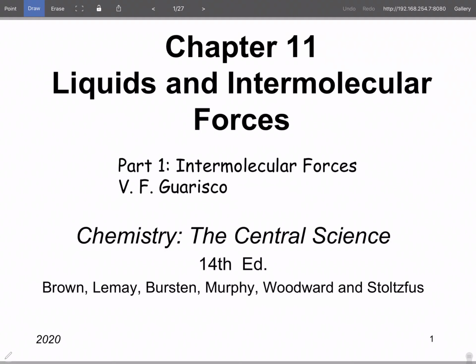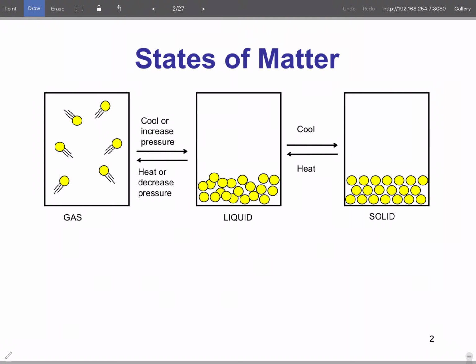This is liquids and intermolecular forces, and the first part of this chapter is going to be the intermolecular forces. These are actually longer sections than they will be in the next chapters. Gases, remember, are widely separated, disordered particles.